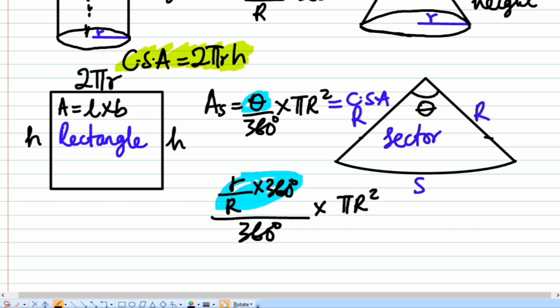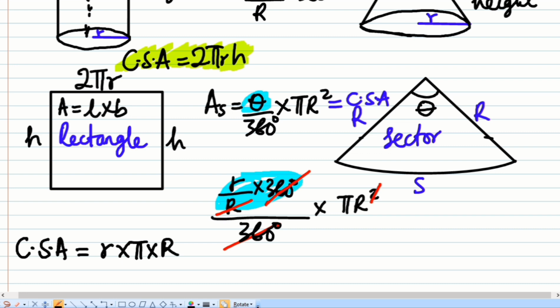Now, what you can see clearly from here is that 360 is going to cancel 360 there, and this r will cancel one R here because there are two here, leaving only one. So what are we left with? Remember, we're calculating curved surface area, so I can now write boldly, the curved surface area of a cone is r times pi times another R.